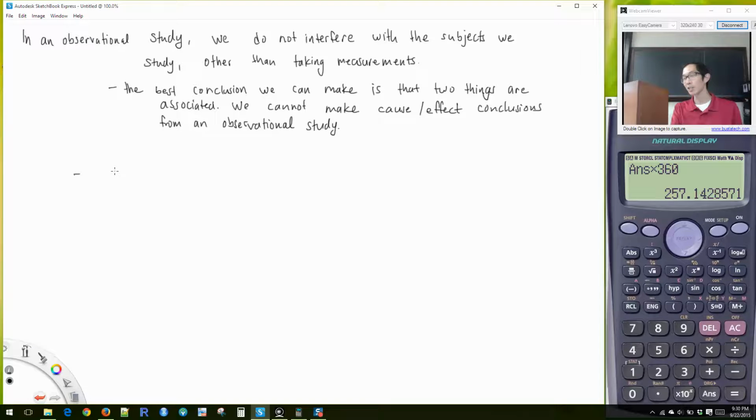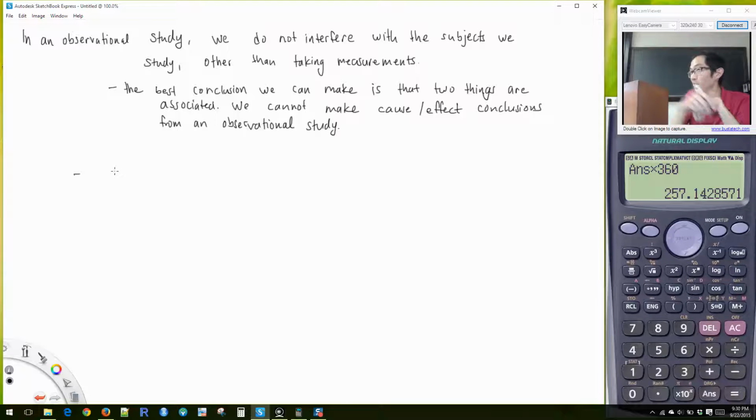Well, I don't know what kind of research has been done, but if this was just an observational study, we cannot conclude that the music helps make the baby smarter.